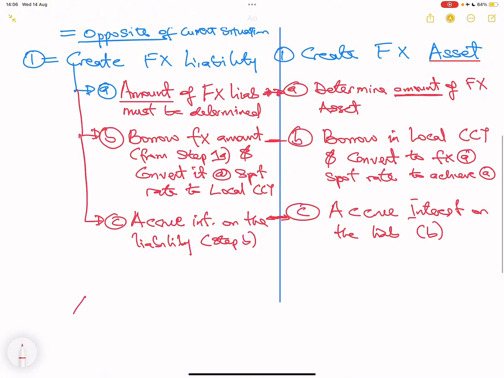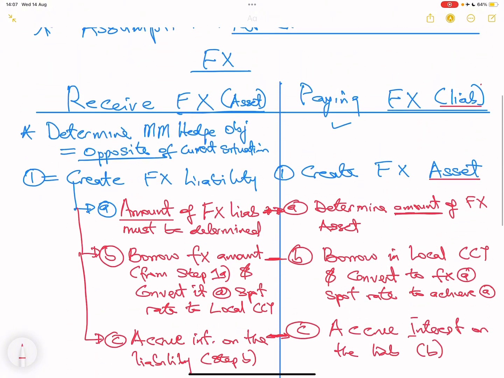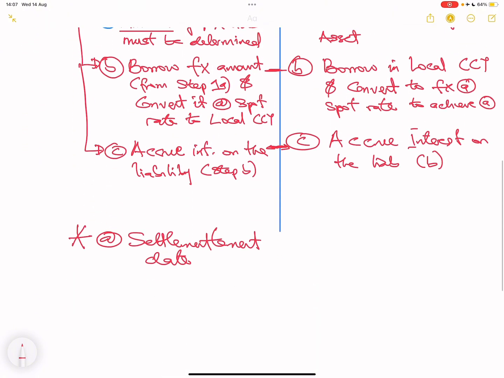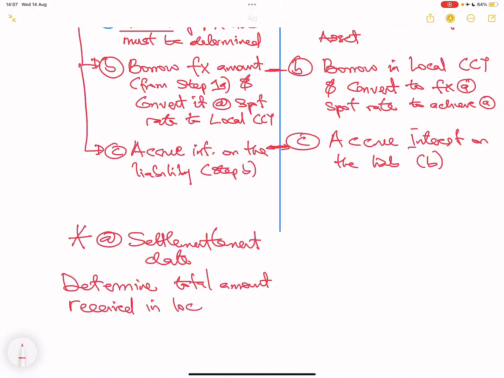Usually what the question asks you to do is to determine the amount spent. So usually at settlement date, on each side, for this side we're talking of receiving FX, you need to be able to determine the total amount received in local currency. It's very important.